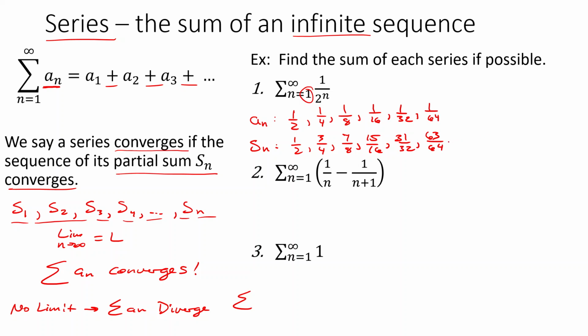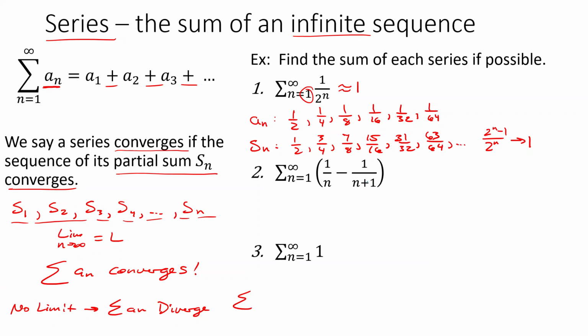So it looks like this is just going to be 2 to the n on the bottom, and 2 to the n minus 1 on top, which looks like it will go to 1. As we go to infinity, this minus 1 won't do anything. So this sum, we think, is 1 at this point. We'll go over how to find it in a couple of minutes, but we're just exploring here.